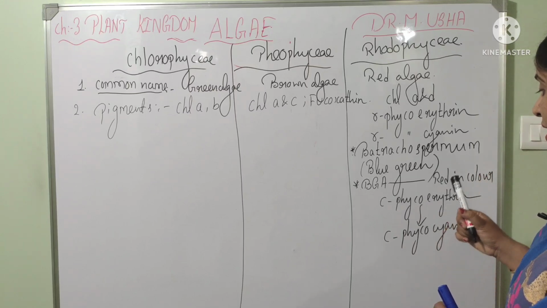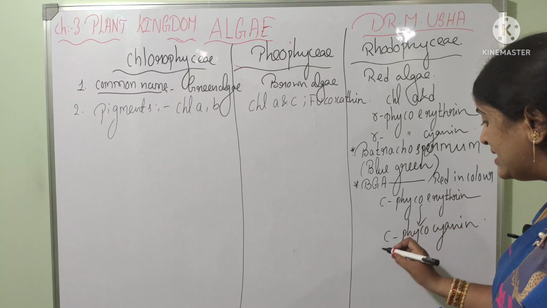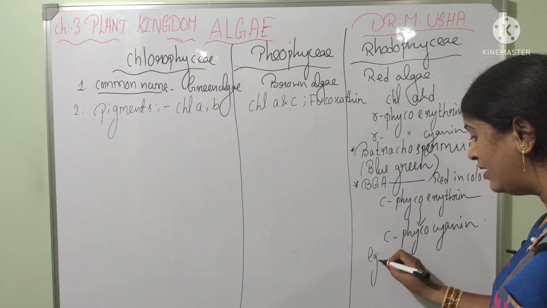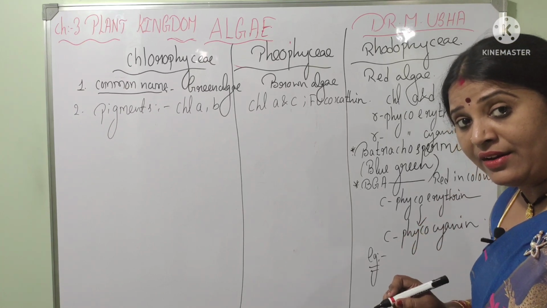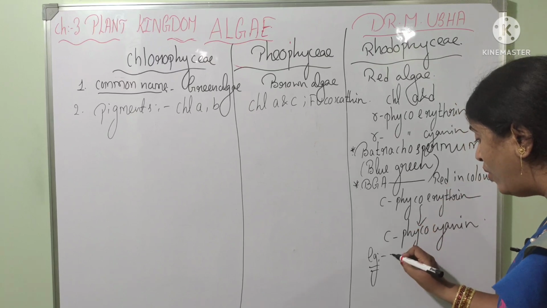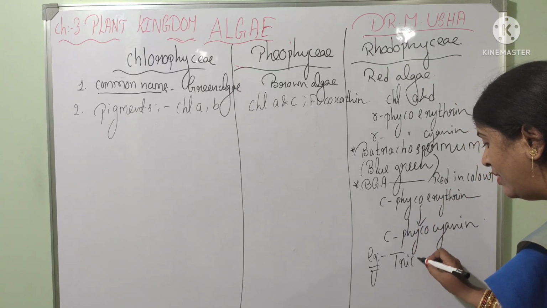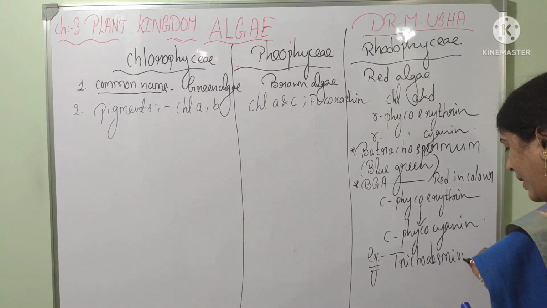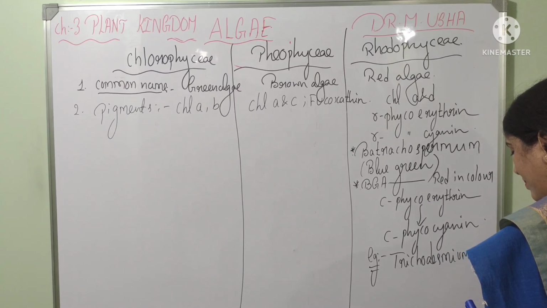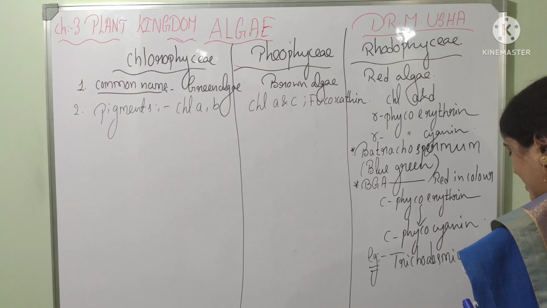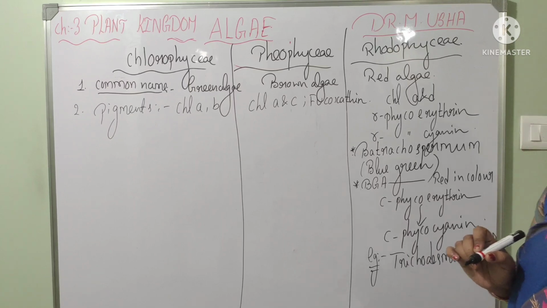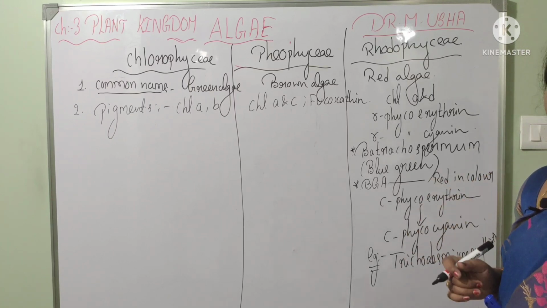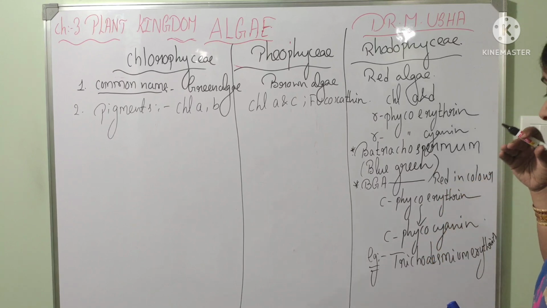Not all blue-green algae are red in color, children. The best example I am going to write here: Trichodesmium erythraeum is the name of that blue-green alga which is red in color. The main reason, C.